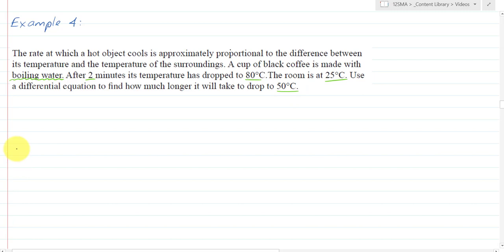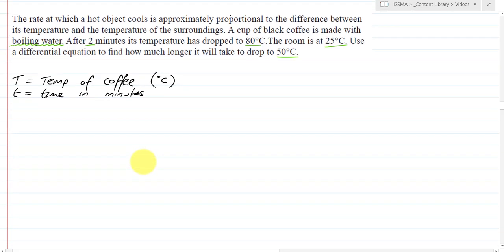So, we start by defining capital T as the temperature of the coffee in degrees Celsius, and little t as time in minutes. Now we go through and set up our differential equation and solve it.